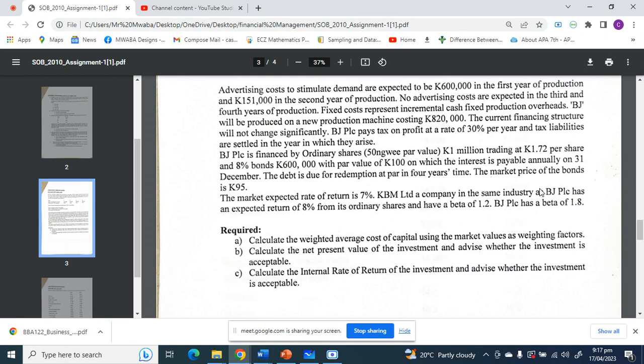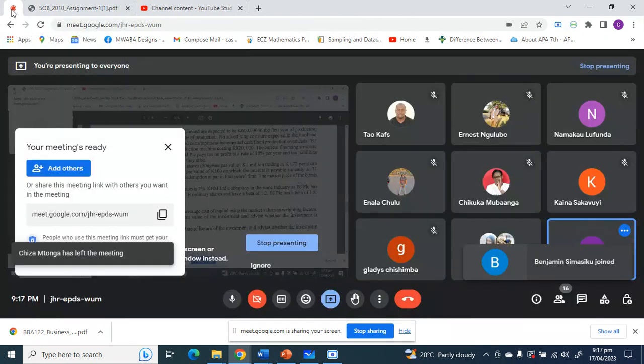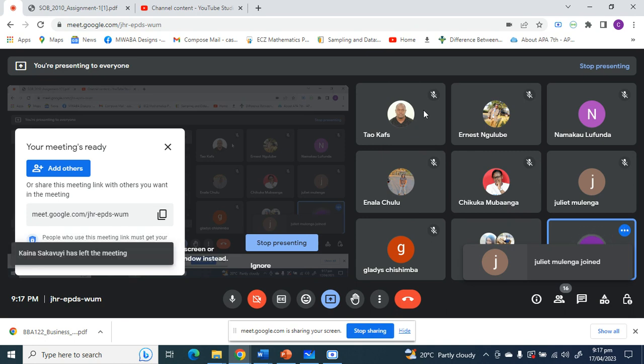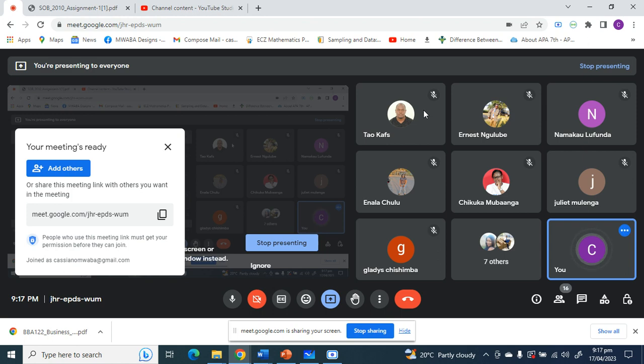This is how businesses choose which projects to invest in and which not to. You evaluate each project and see if it's worthwhile or not. There are various techniques, and today we'll be focusing on the net present value.